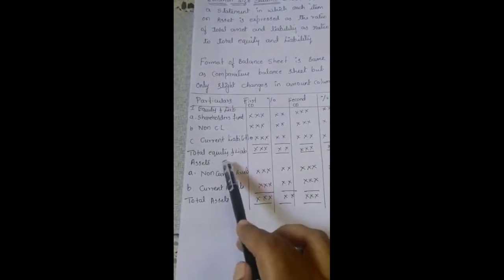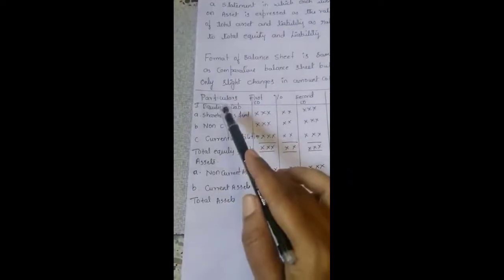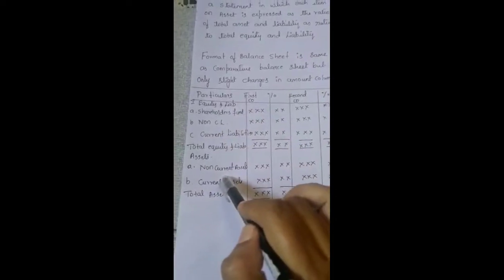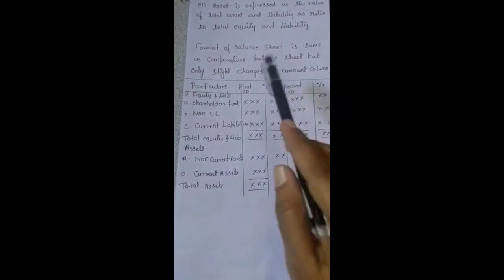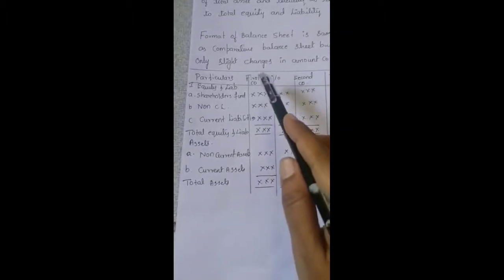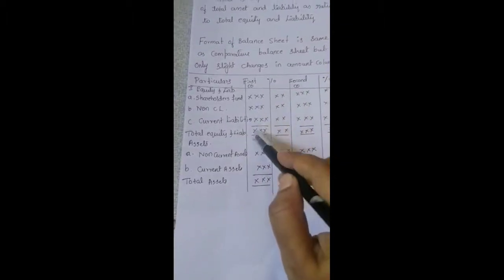The format of common size balance sheet is very similar to the comparative statement. Only this part is similar to the comparative balance sheet; the remaining part will vary. Here in common size balance sheet, you will be given two companies' amounts. First, one company's amount will be recorded in the first column and the second company's amount will be recorded under the third column.